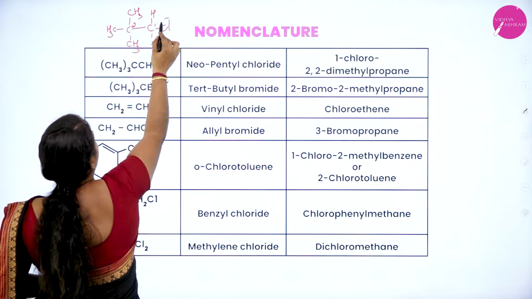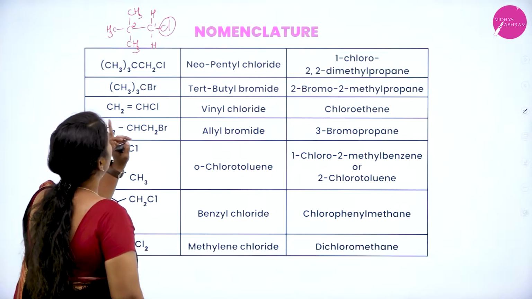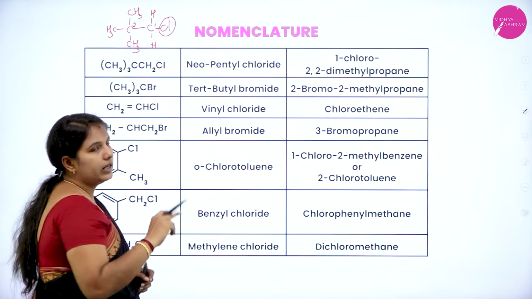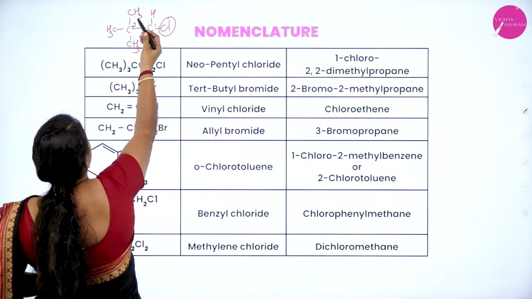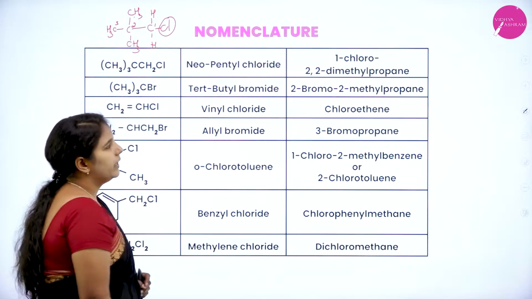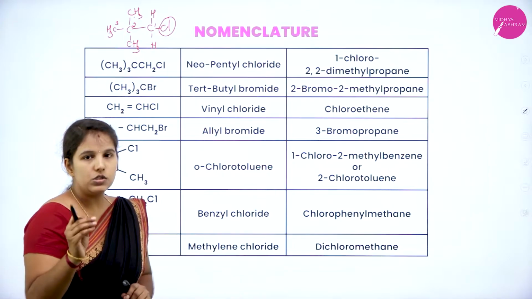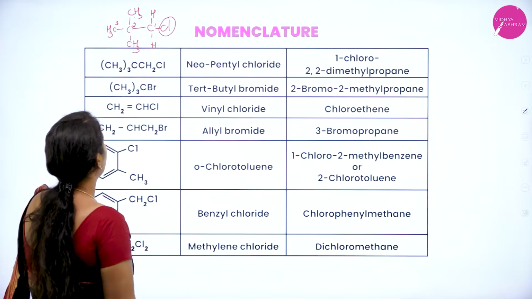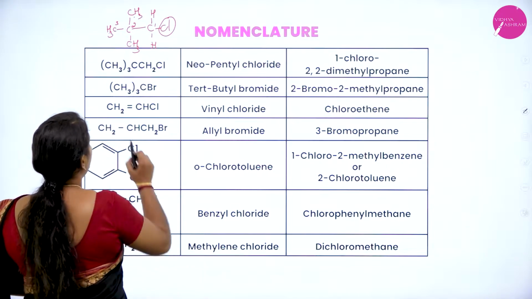To the first carbon atom, again this is my substituent group which has been attached. So it is 1-chloro. To the second carbon atom, you can see that there are 2 methyl groups which have been attached. Is it right? So it is 1-chloro 2,2-dimethyl. How many carbon atoms will be there now? 3. So it is 1-chloro 2,2-dimethyl propane. Okay. We have one more example.